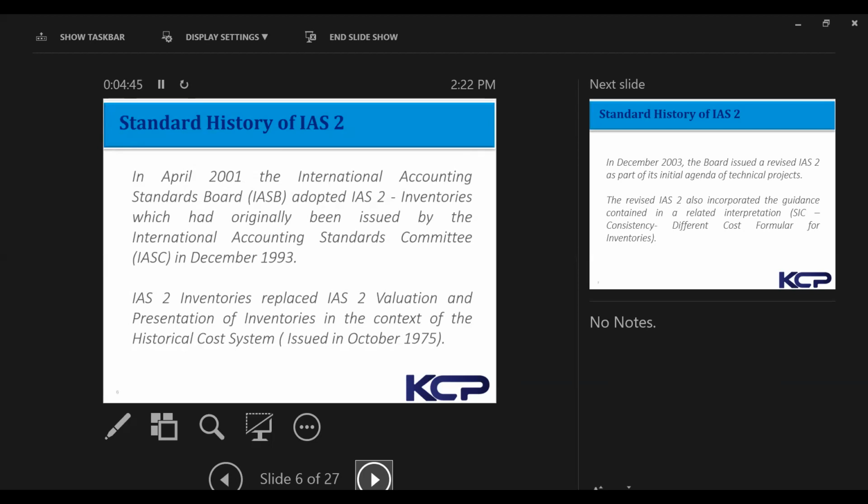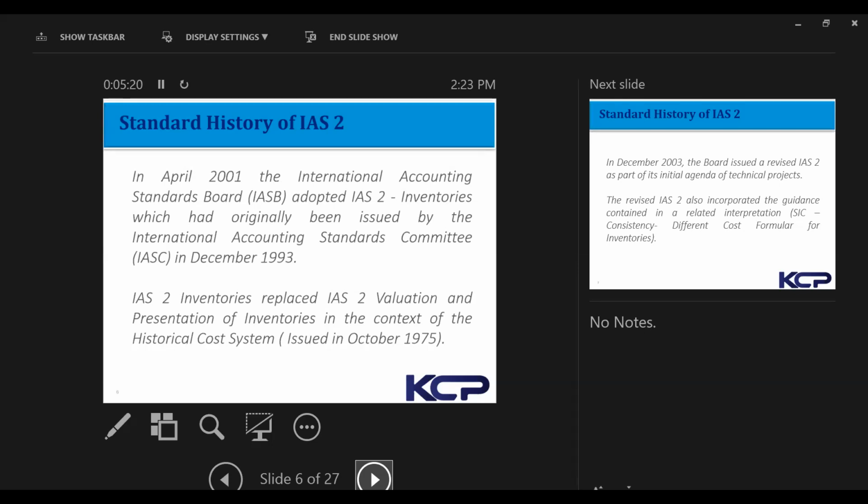In April 2001, the International Accounting Standards Board adopted IAS 2 inventories, which had originally been issued by the International Accounting Standards Committee in December 1993. So I know we've talked about this before now. The standard setting body, when we were calling the accounting standard IAS, was IASC.